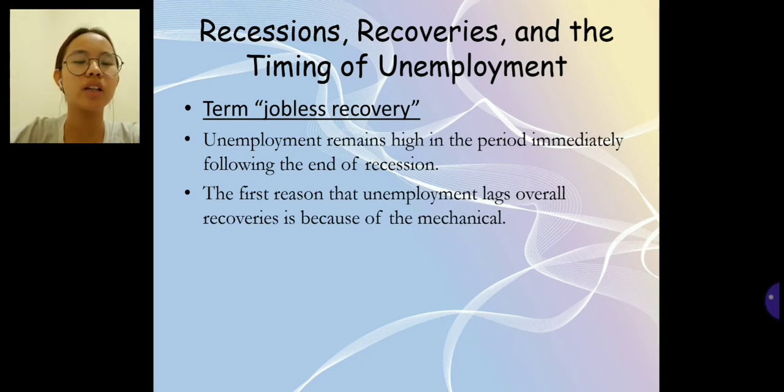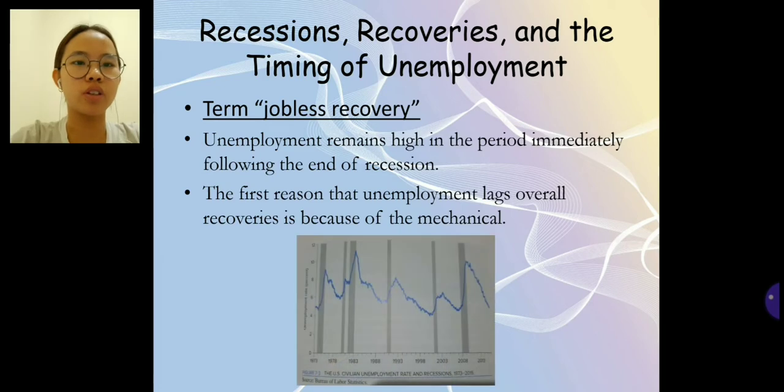The first reason that unemployment lags overall recoveries is because of the mechanical. We can assume that because of technology, in the globalization era, technology improved very, very quickly. So the mechanical here is quite a problem for people to adapt, and it caused the recession.